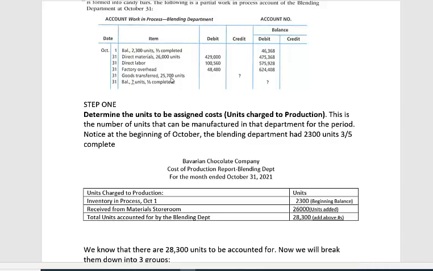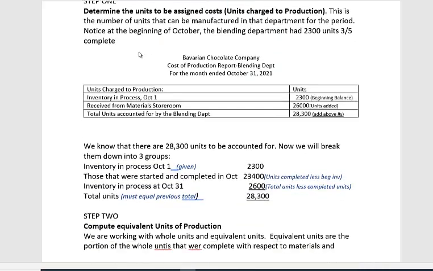So if we take the 25,700 and subtract the 2,300 units that were in process at the beginning of the period, we get 23,400 that were started and completed. They were 100% completed as far as materials and 100% completed as far as conversion costs, which is labor and factory overhead.